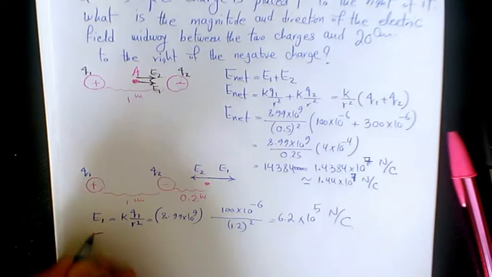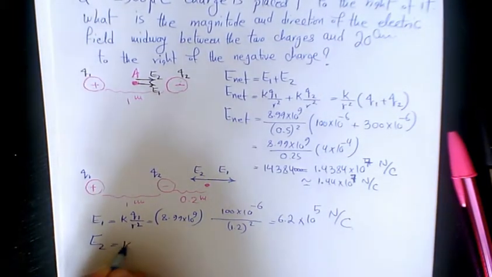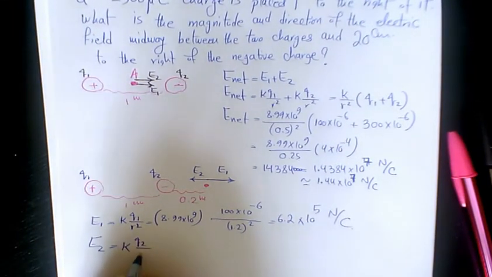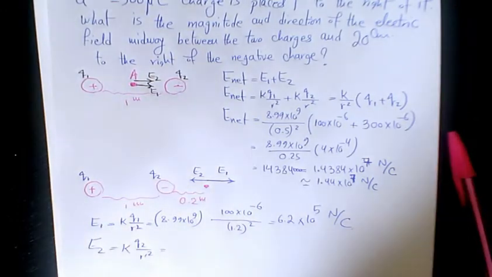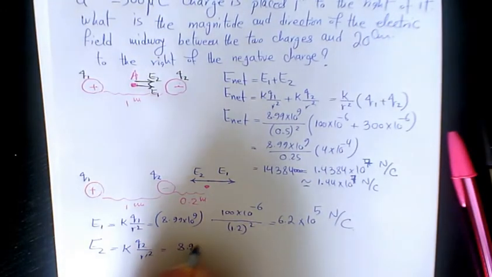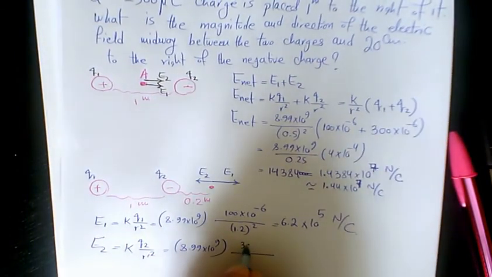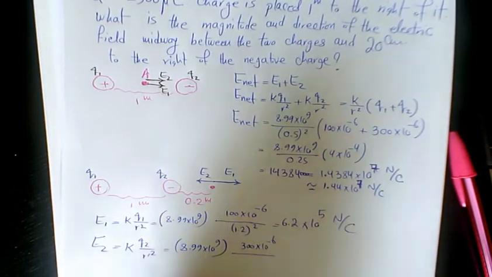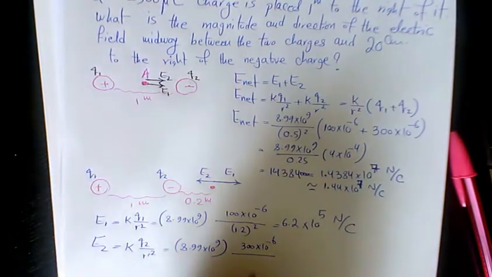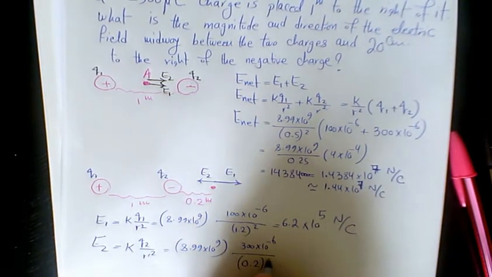And E2 is going to be KQ2 divided by R prime squared. That will be 8.99 times 10 to the power of 9 multiplied by 300 times 10 to the power of negative 6 divided by R prime, which is 0.2 to the power of 2.